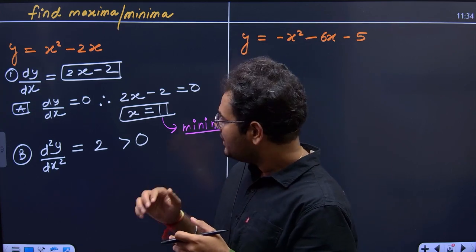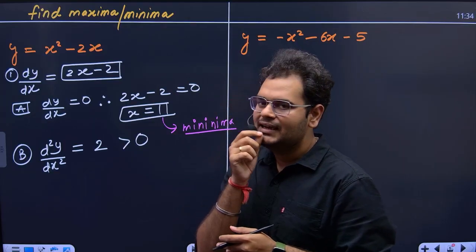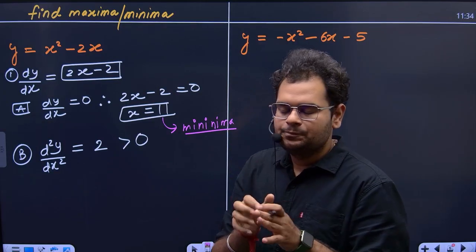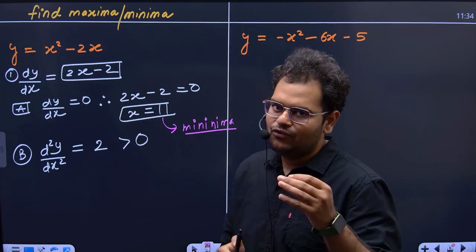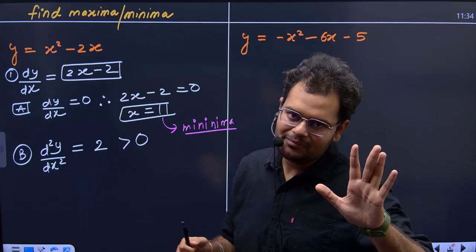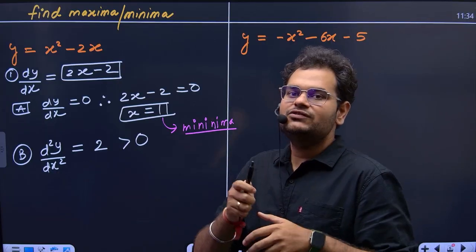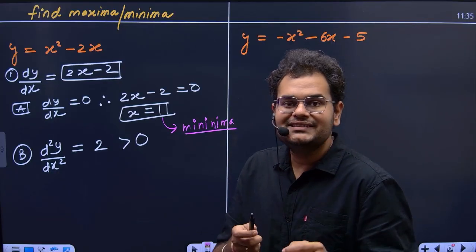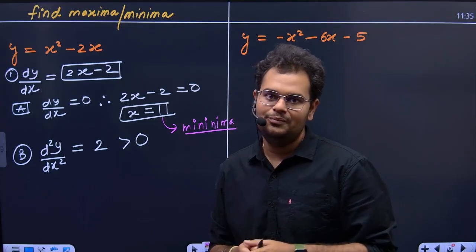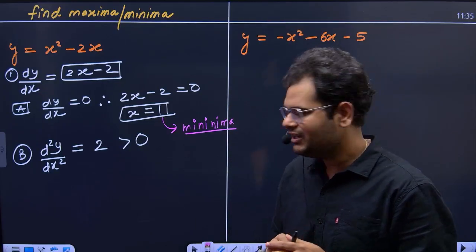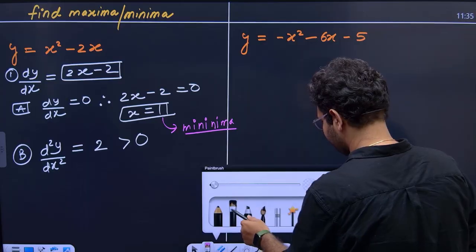Very good. But my next question is, if someone asks at what point, for what value of x, y is minimum, that we got. But if someone asks what is exactly the minimum value of y, then what to tell? Focus here.